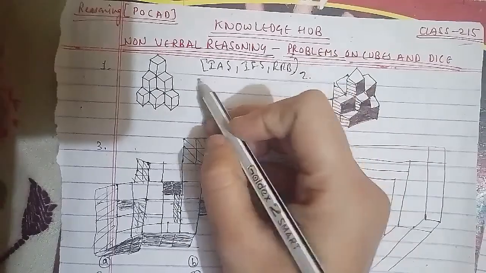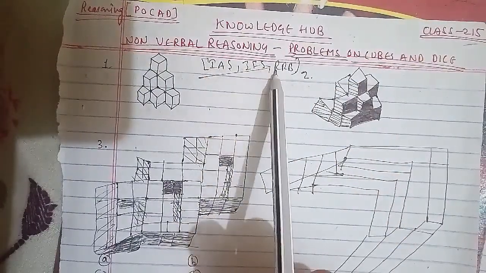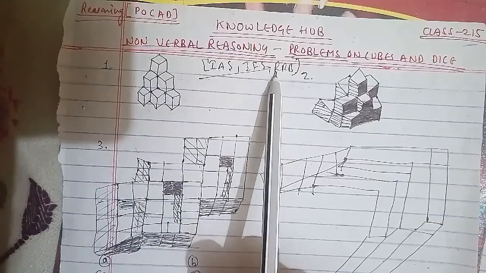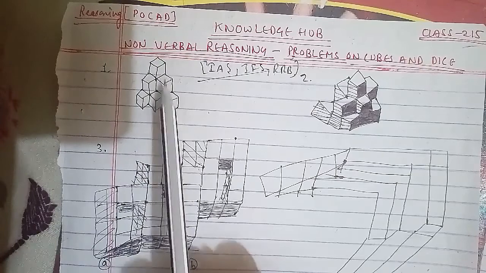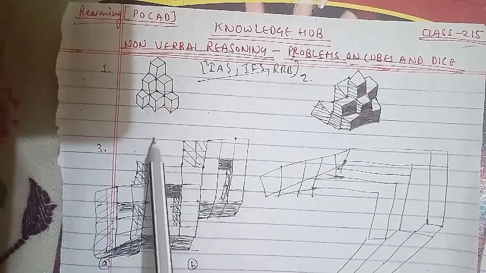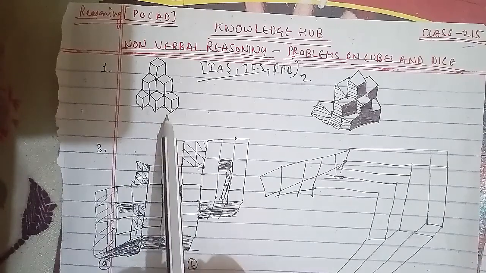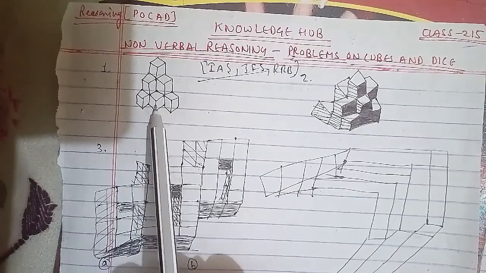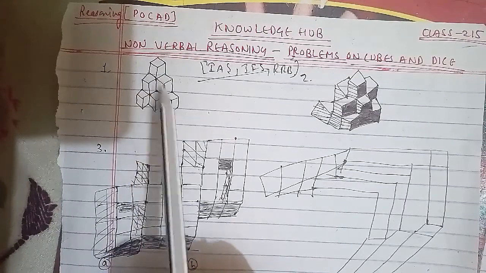As you can see in the figure here, clearly there are 3 columns containing 1 cube each, 2 columns containing 2 cubes each, and 1 column containing 3 cubes. So number of cubes in 3 columns of 1 cube, it will be 3 into 1, that is 3.